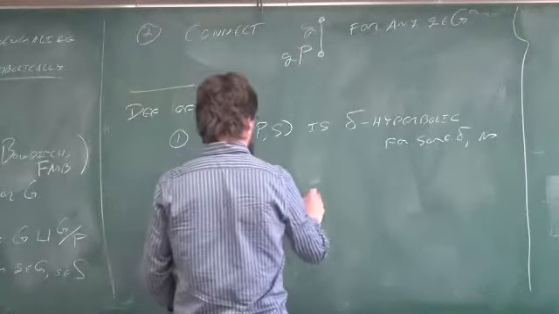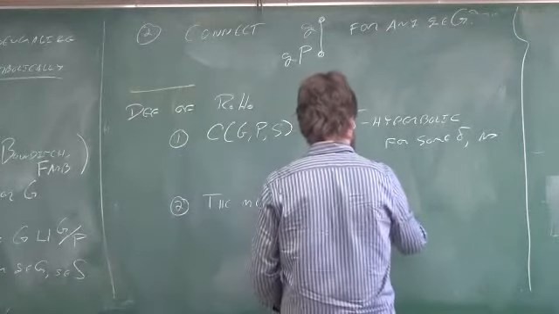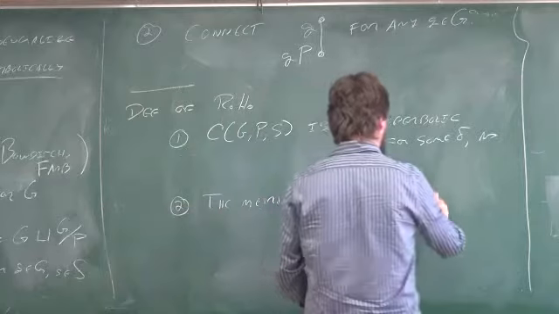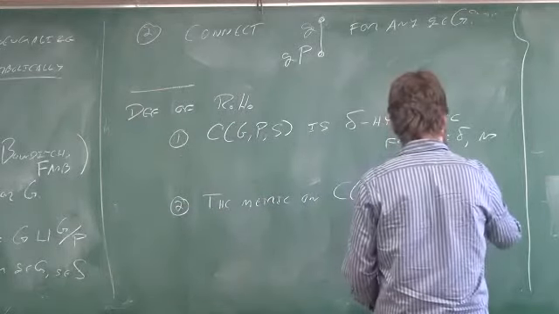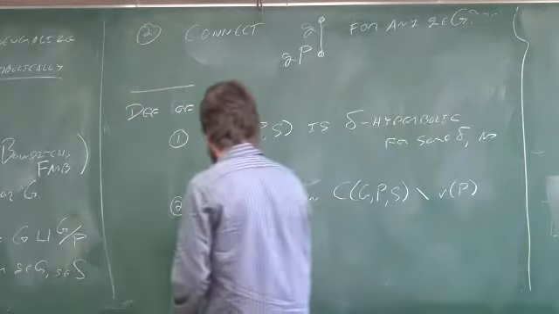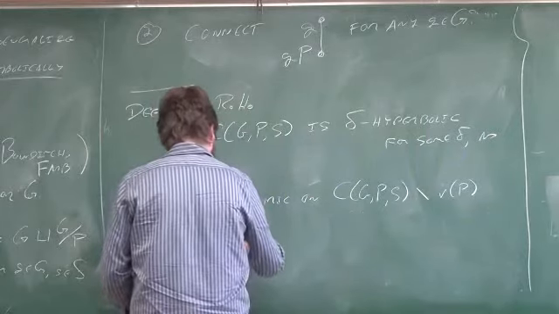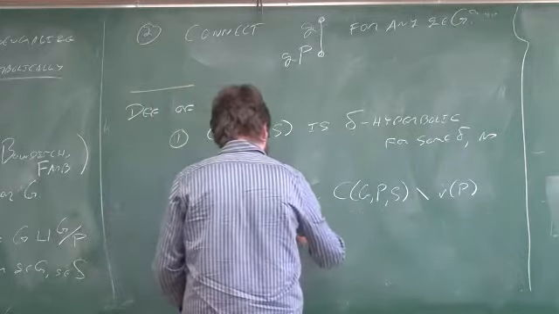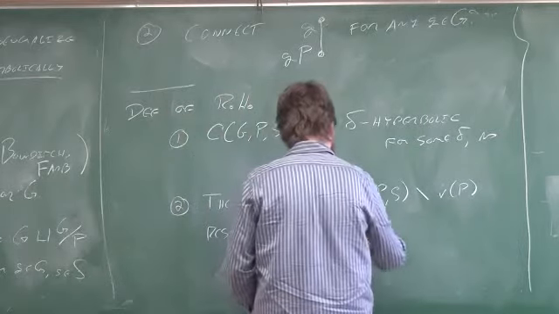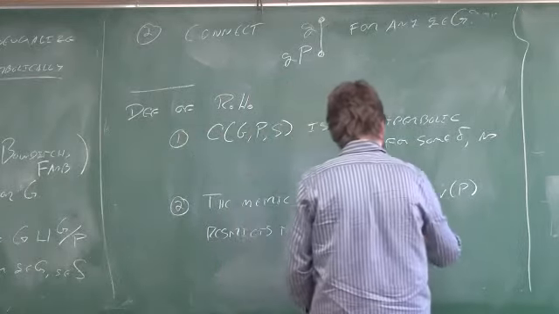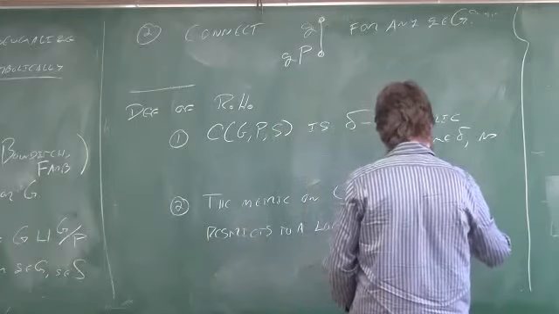The metric on C of G, P, S minus the vertex corresponding to P restricts to a locally finite metric.